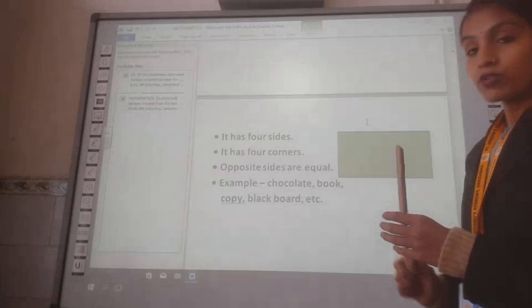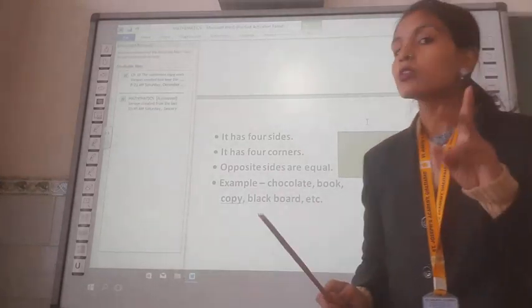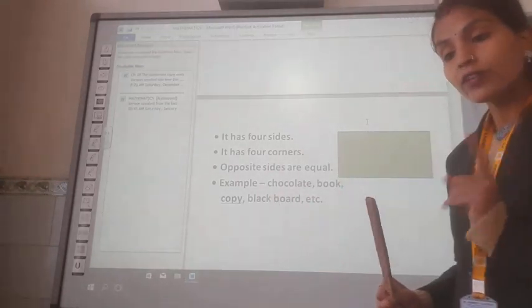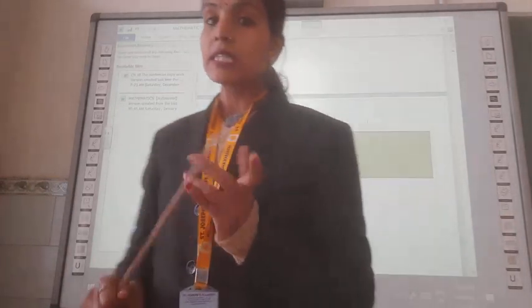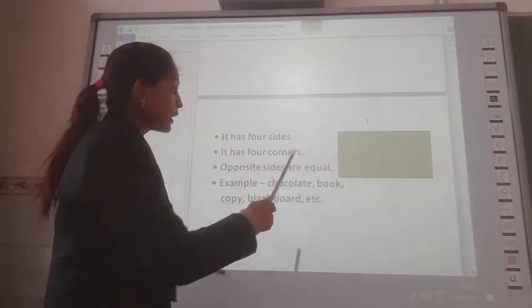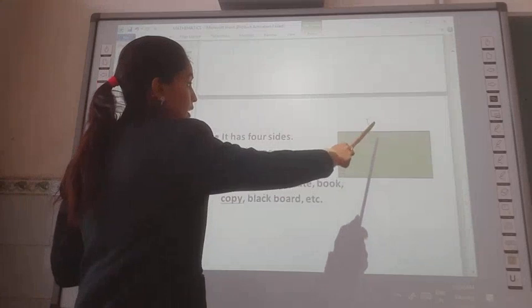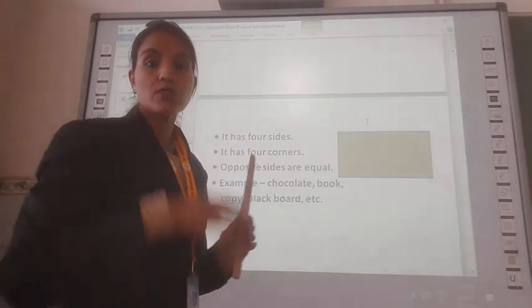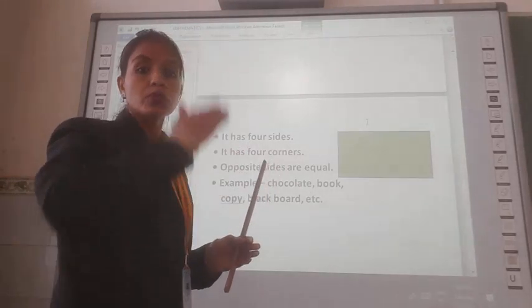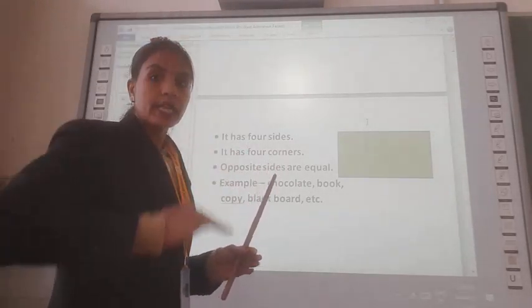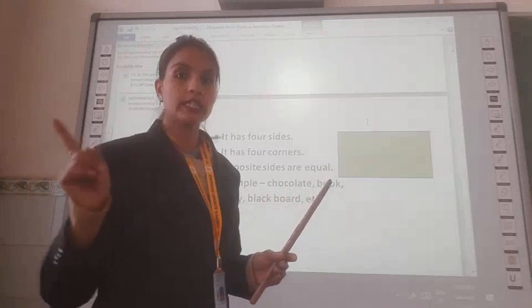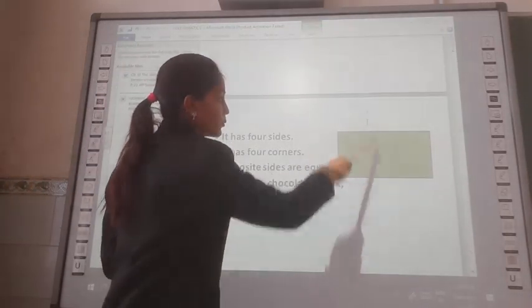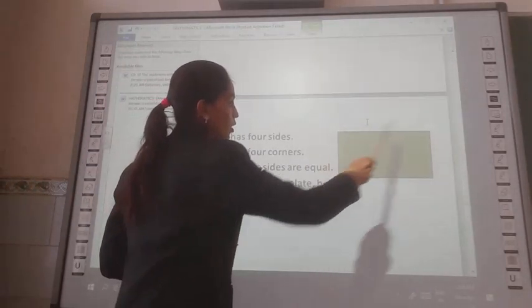In rectangle what do we have? We do not have all the 4 sides equal. Always remember, this is the main point, that in a rectangle opposite sides are equal. Opposite sides means the sides which are opposite to each other. Opposite like this and opposite like this. These are opposite sides and these are opposite sides.